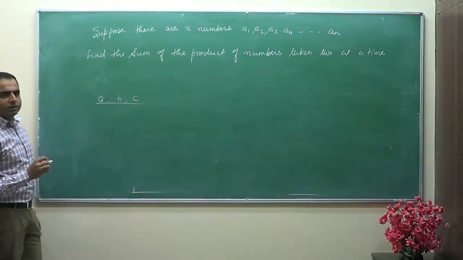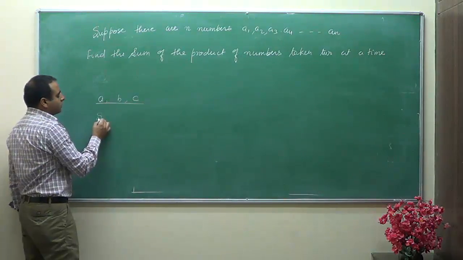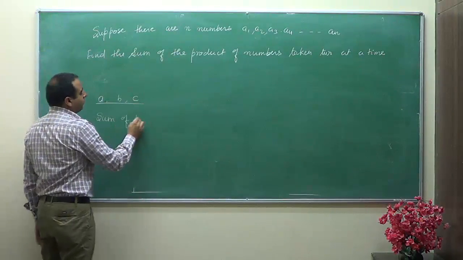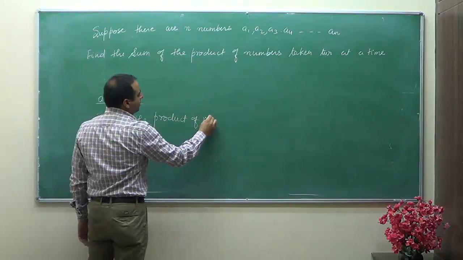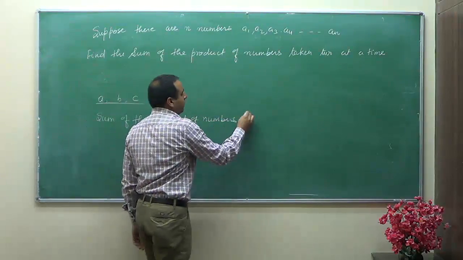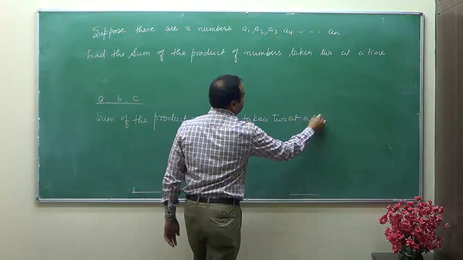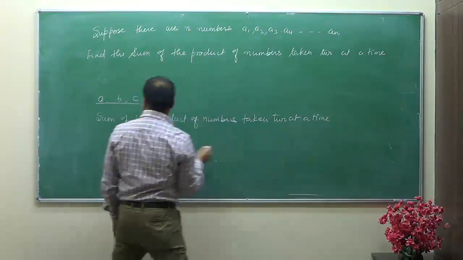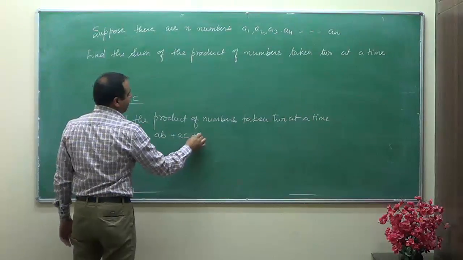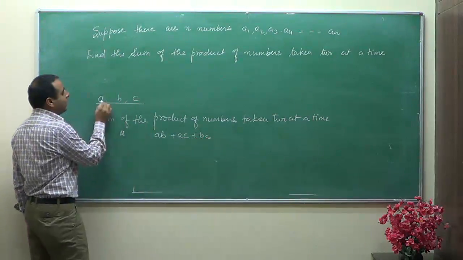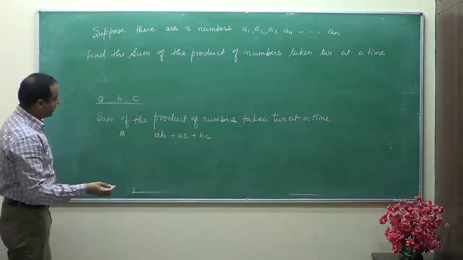If we have 3 numbers a, b, c, the sum of the product of numbers taken two at a time is ab plus ac plus bc. That is, a with b, a with c, and b with c. No other combination is possible.